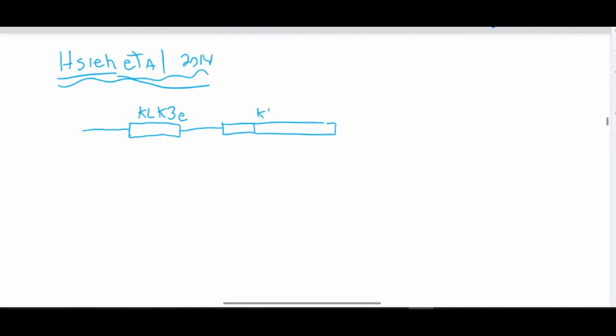So one target gene is called KLK3, and another one, which is located much further away, is KLK2. And these are human genes. This is a human enhancer, and it may be conserved in other mammals. I'm not sure.